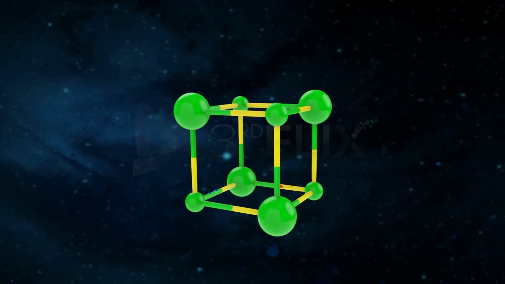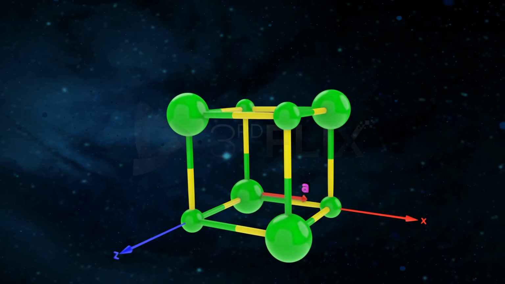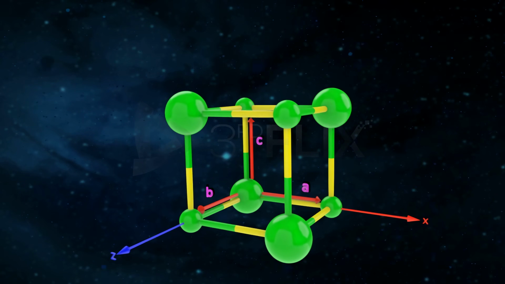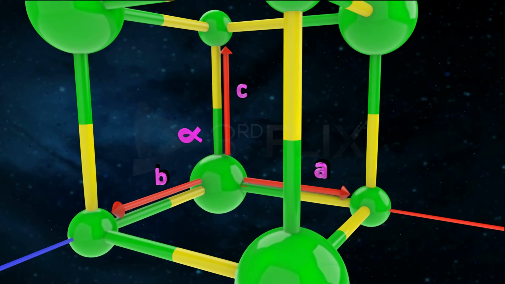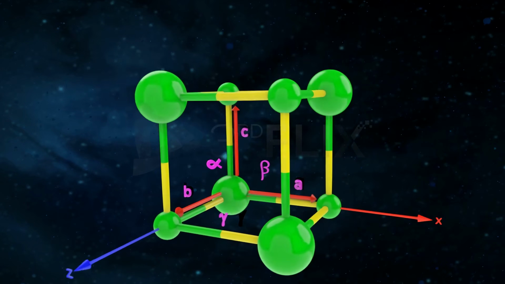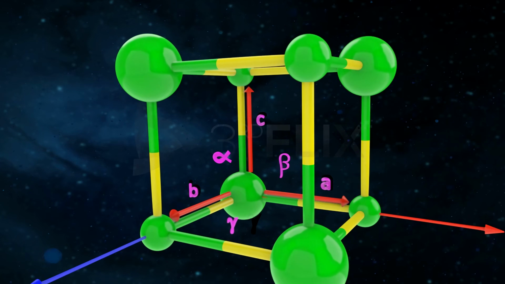A unit cell is characterized by distances a, b, and c along 3 edges and angles alpha, beta, and gamma between the pairs of edges. Alpha is the angle between edges b and c.